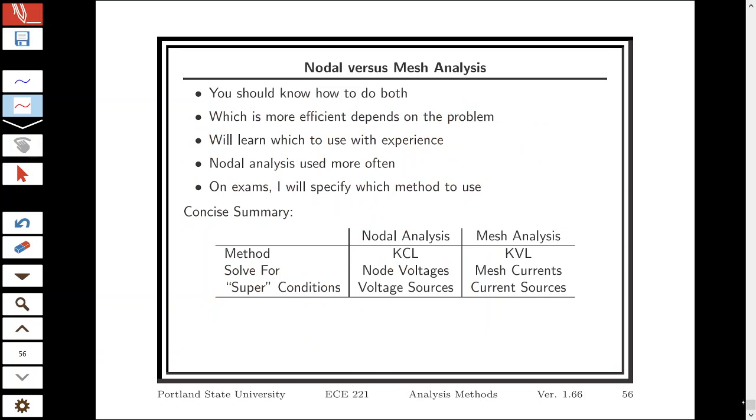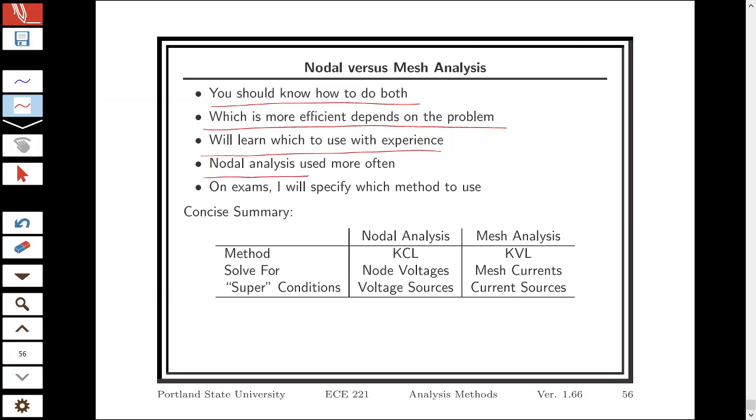Okay, when we compare node and mesh analysis, we can say that you should know how to perform both analyses, right? Which is more efficient depends on the problem. Usually you select the one which generates the least number of variables, and you learn which to use with experience.